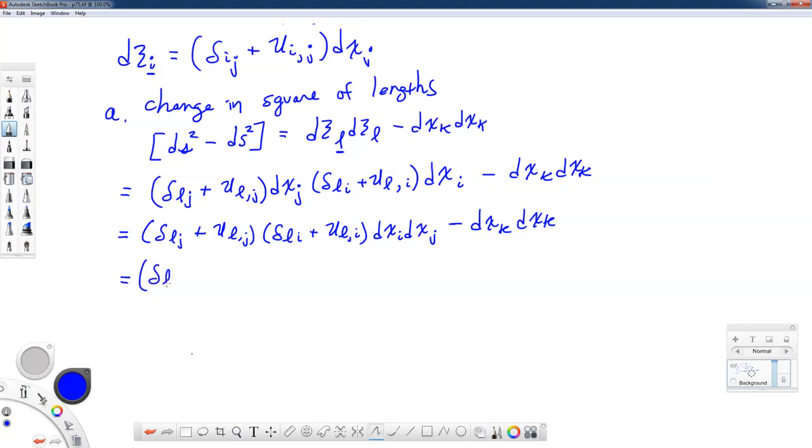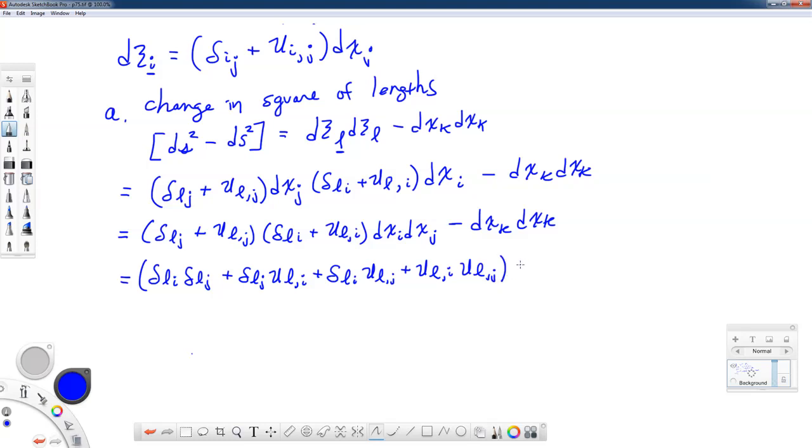Kronecker delta Li, Kronecker delta Lj, plus Kronecker delta Lj, Ul, comma I, plus Kronecker delta Li, Ul, comma j, plus Ul, comma I, Ul, comma j.